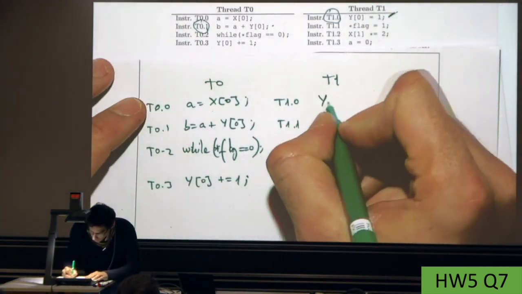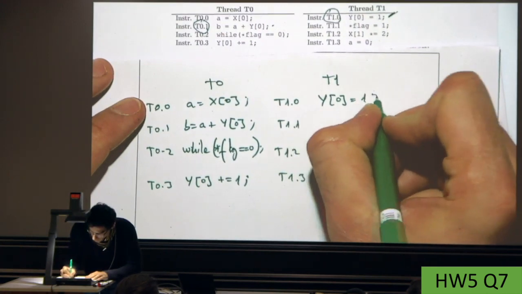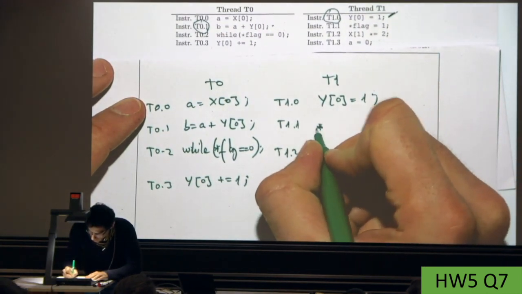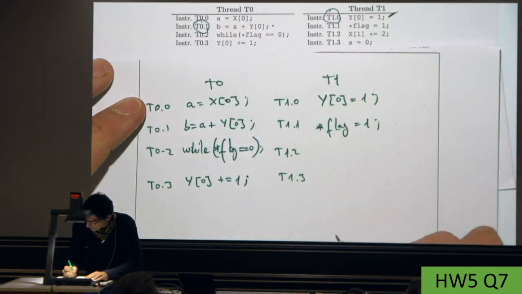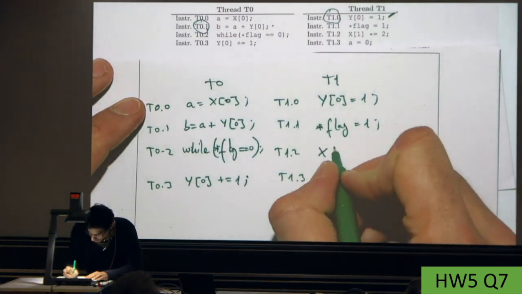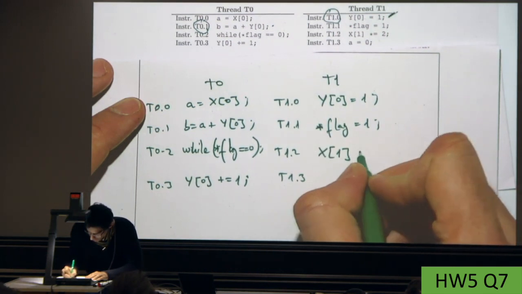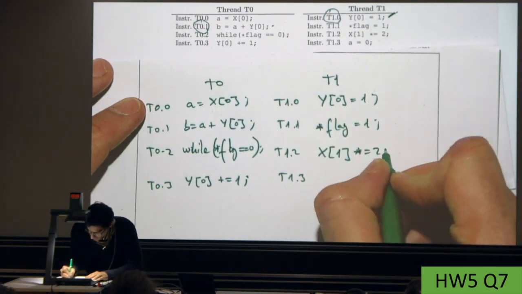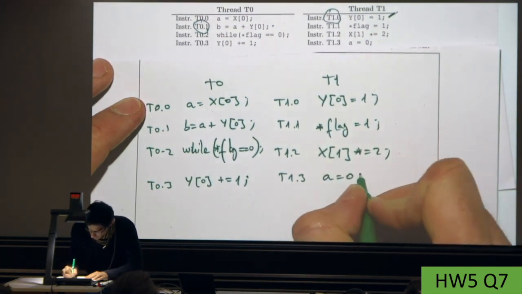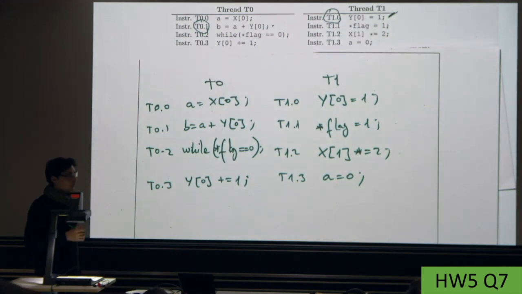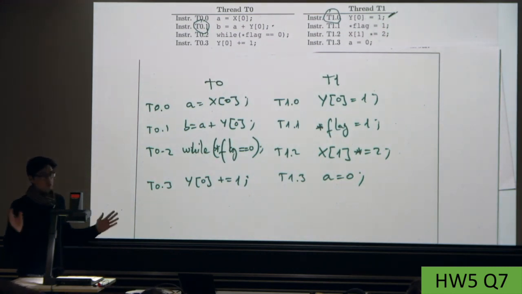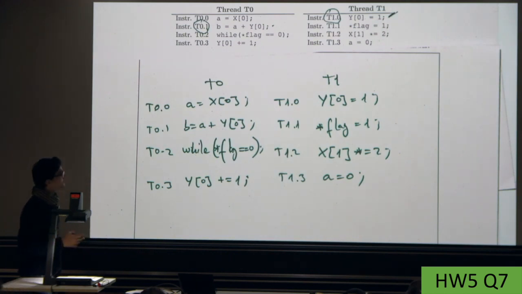And then Y0 is initialized, then we put here the flag, set the flag equal to 1, X1 multiplied by 2, and A0. That's it, right? So if we look at thread 1, where should we place the memory fence or the multiple memory fences?